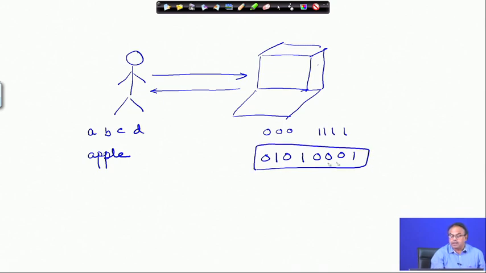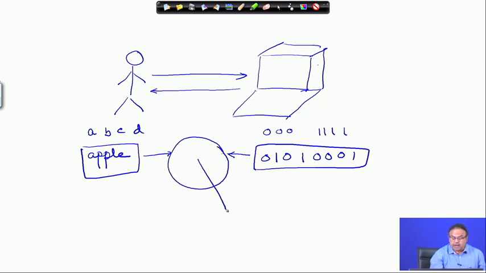So, I will not understand this to be apple and he will not understand this to be apple. So, there we need some sort of mechanism, that is, this is the translator. Some sort of translation is required.